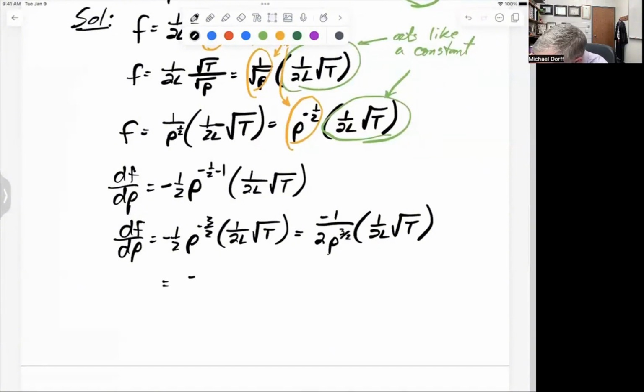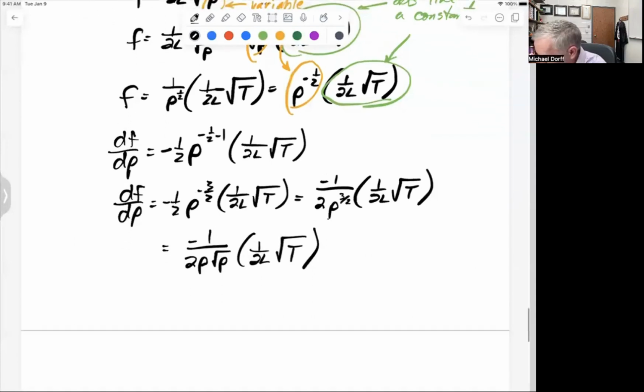Some people, including maybe the back of the book, would write this as 2 rho square root of rho times 1 over 2L square root of T. So there's different ways that this can be written. They're going to turn out to be the same. I could also write this as, maybe it would help doing it this way, to get a -1 over 2L.